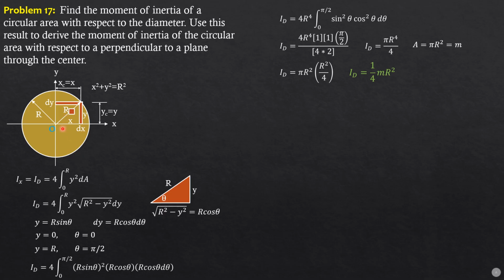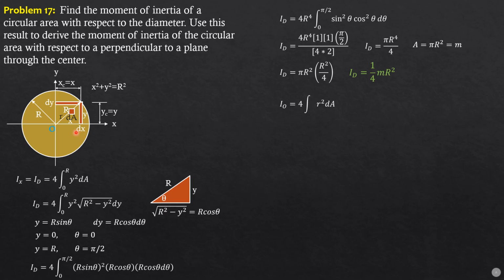So that's the perpendicular distance from the origin, and it is equal to integral of r squared dA. So that's dA, and that's small r. So I sub o equals integral of r squared dA.